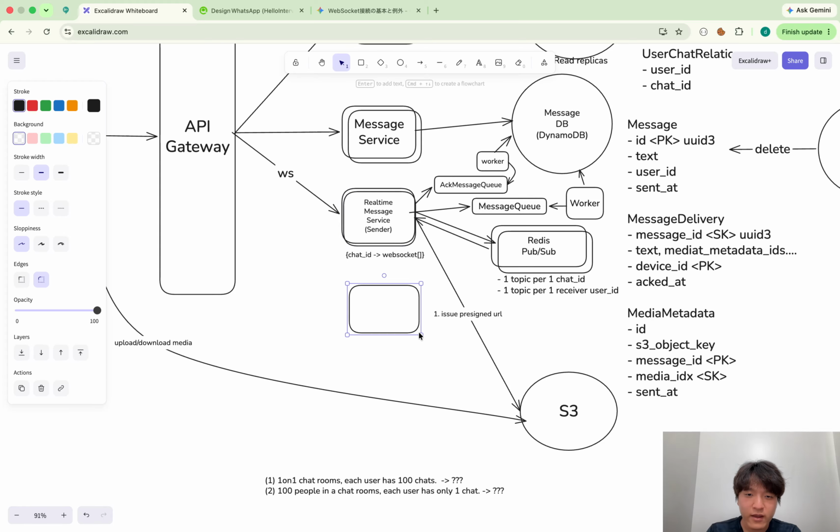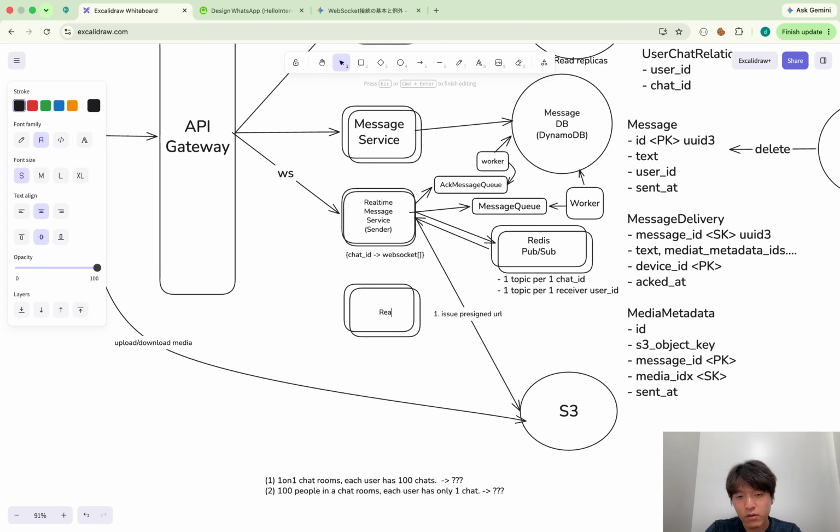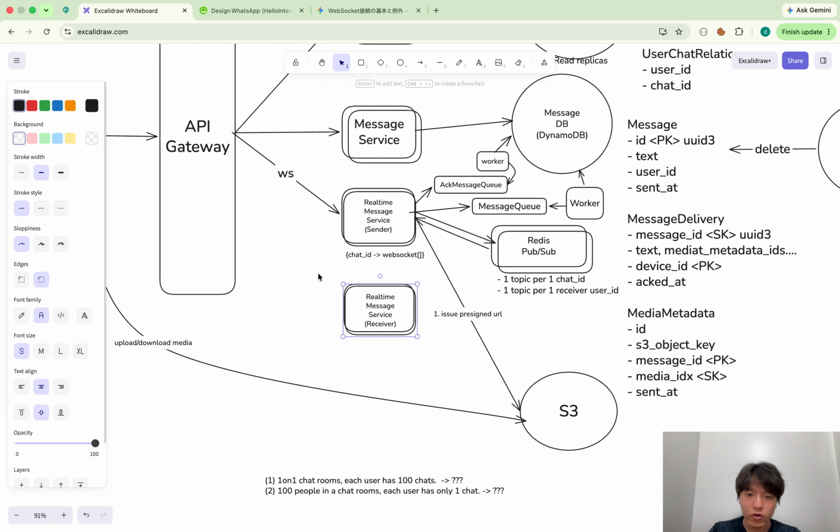So to make this discussion easier to understand, I put the real-time message service at the receiver here. So, this is the sender. So in reality, this service is responsible for, of course, both sending and receiving, but just for clarity, I put two boxes here.